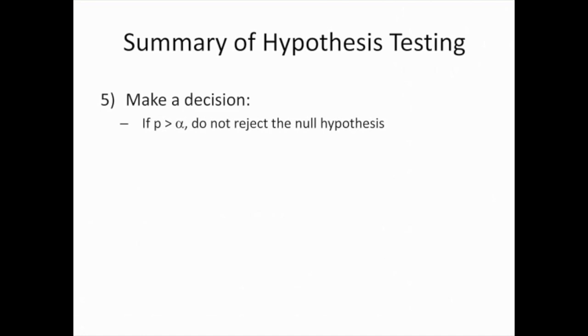If the p-value is greater than the significance level, she does not reject the null hypothesis and concludes that the data do not provide evidence of a difference or effect. If the p-value is less than the significance level, she rejects the null hypothesis and concludes that the data do provide evidence of a difference.